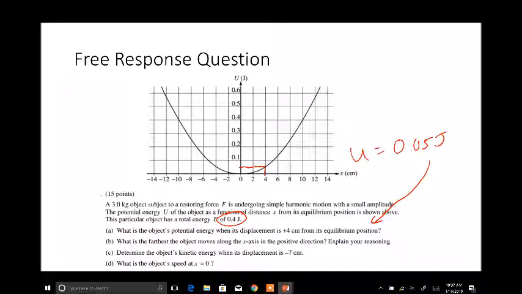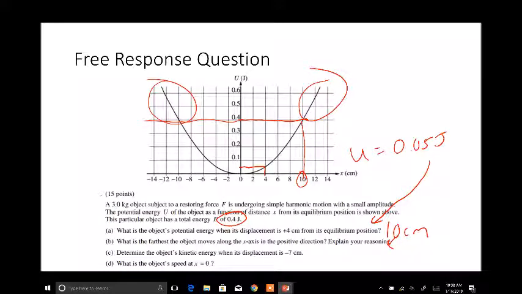So what we need to do is go up to 0.4 and go over. And what we see is that cuts the graph at about 10 centimeters. So they've just extrapolated our line on past that. Essentially, this thing is going to oscillate back and forth between positive 10 and negative 10. So our answer on this one should be about 10 centimeters. That's for B.